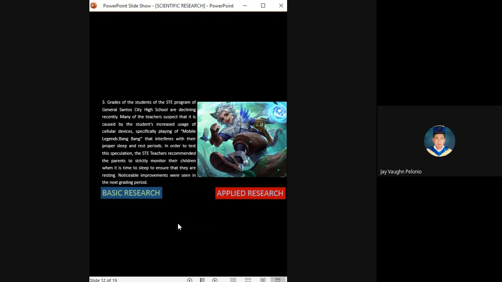It interferes with their proper sleep and rest periods. In order to test this speculation, the STE teachers recommended the parents to strictly monitor their children when it is time to sleep to ensure that they are rested. Noticeable improvements were seen in the next grading period. Okay, basic or applied?